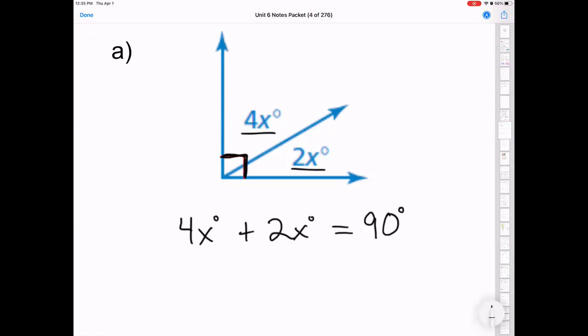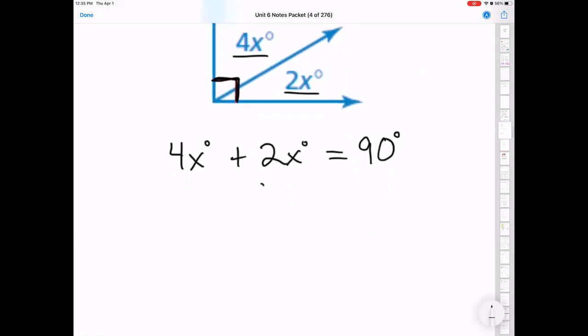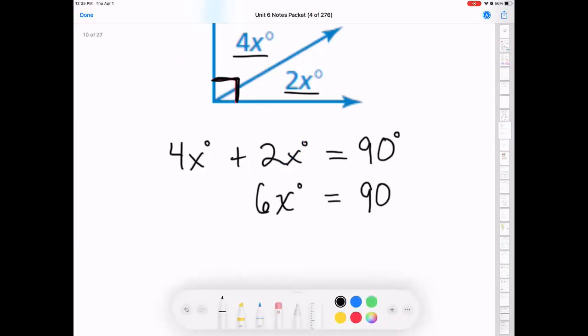And now from here, really, it's just the algebra that we've been seeing. Okay, so we have 4x plus 2x. Well, that gives us a grand total of 6x is equal to 90 degrees. So we just combined like terms there. And now our goal here is to try and get x all alone. Well, this 6 is stuck and glued to x.